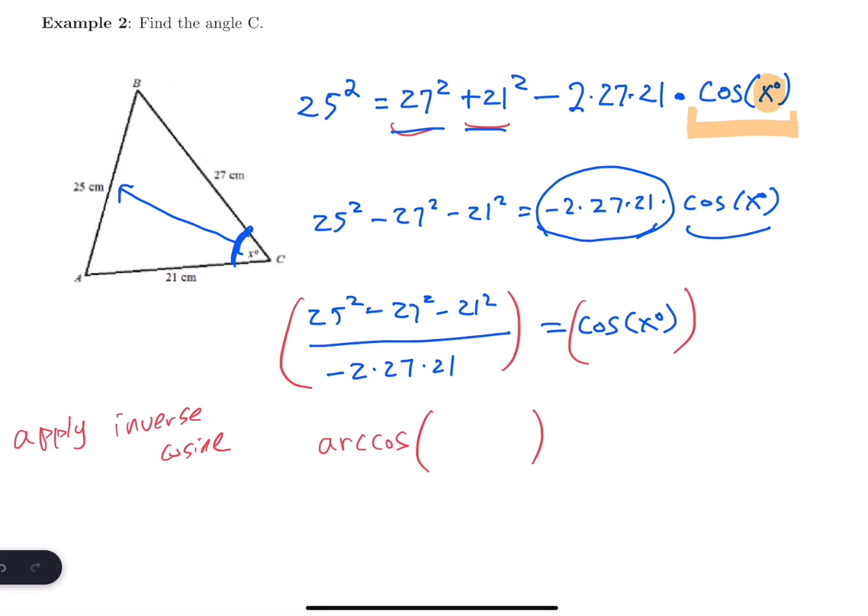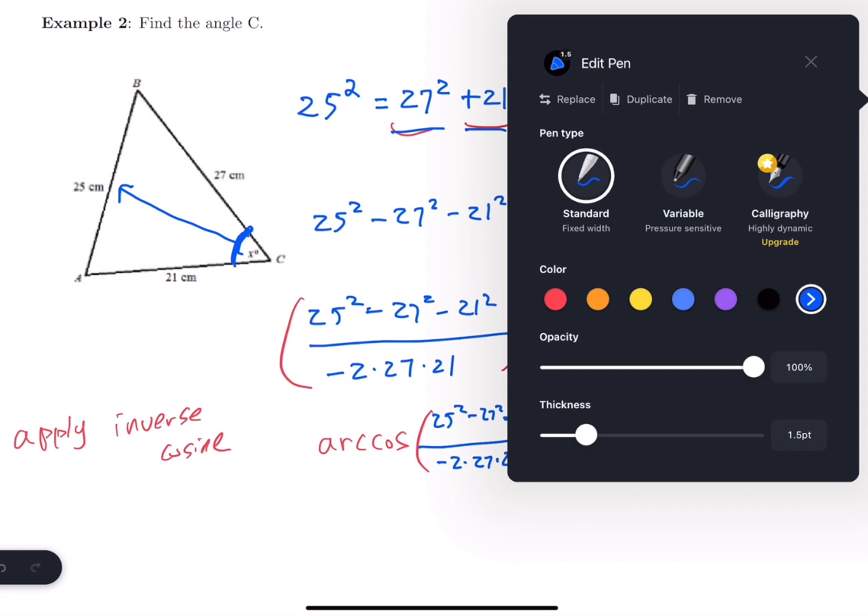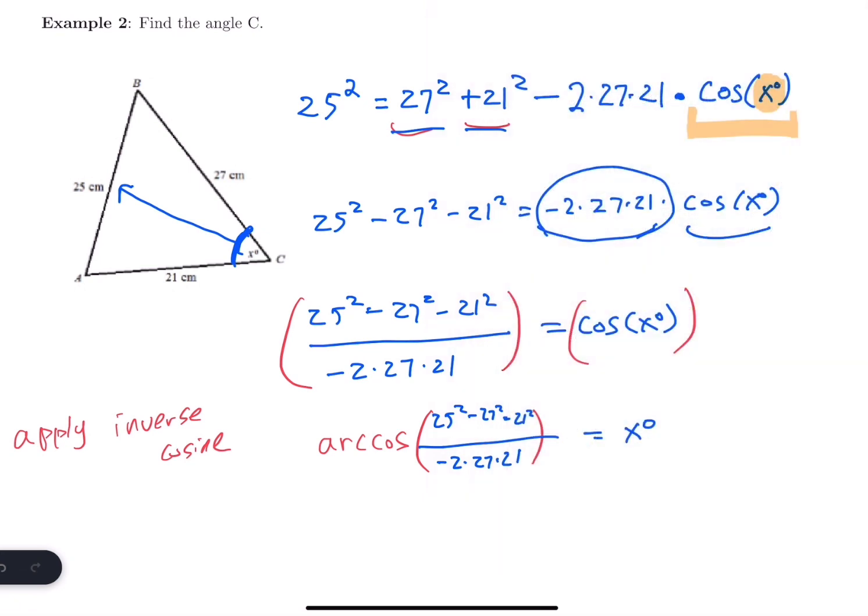Okay, so we have 25 squared minus 27 squared minus 21 squared over negative 2 times 27 times 21 equals x degrees. Here, on a side note, you can think of this as arccosine of cosine of x degrees.